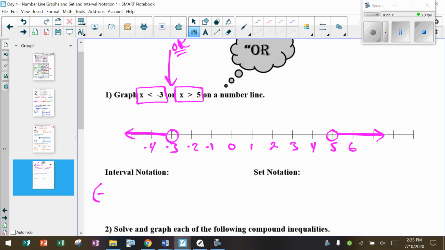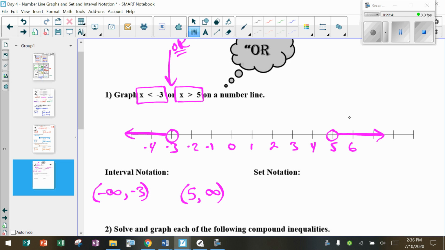So it's a curved parentheses, negative infinity. Infinity symbol is a sideways 8. This part of the graph comes from negative infinity and stops at negative 3, but it cannot be equal to. Since it's not equal to, I use the curved parentheses. The other part of the graph starts at 5, but it is not equal to 5, and then heads towards positive infinity.